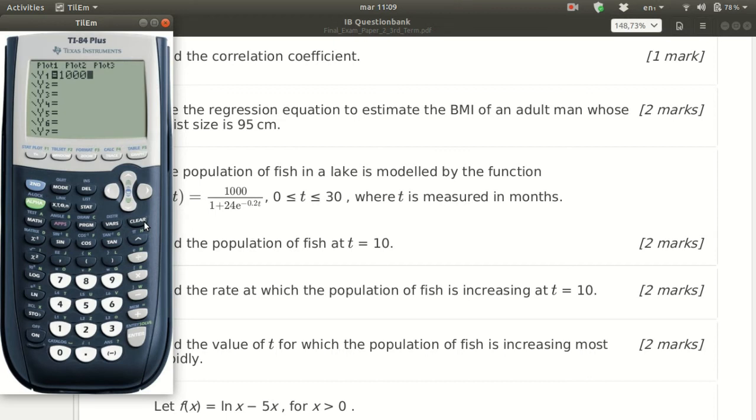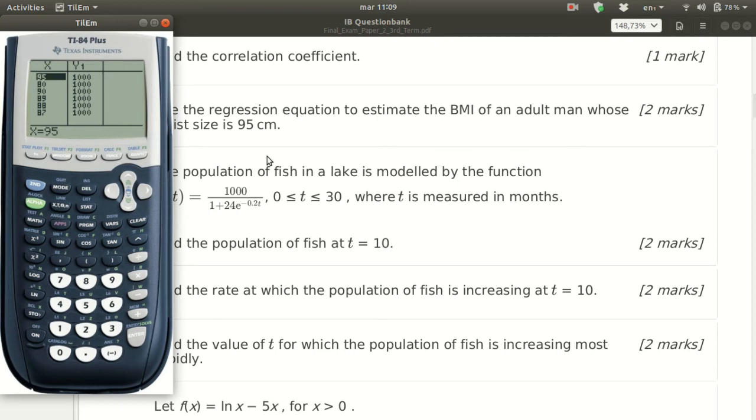So 1000 over a fraction, 1 plus 24 e to the power of negative 0.2 times x. Okay? Table.